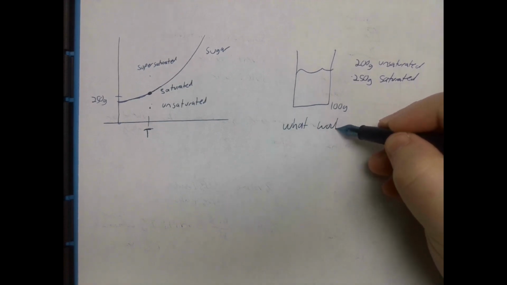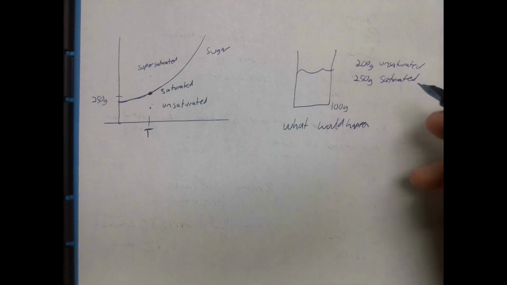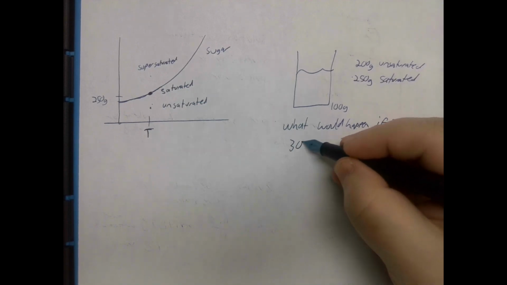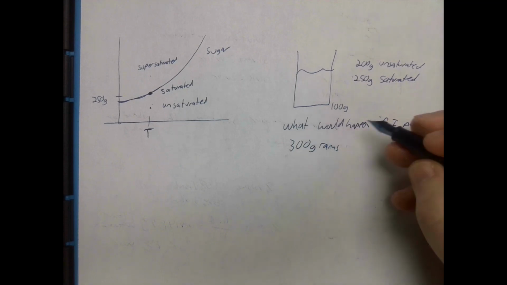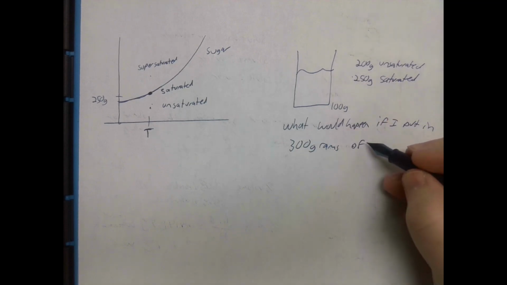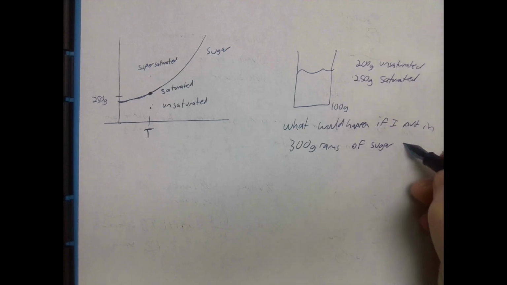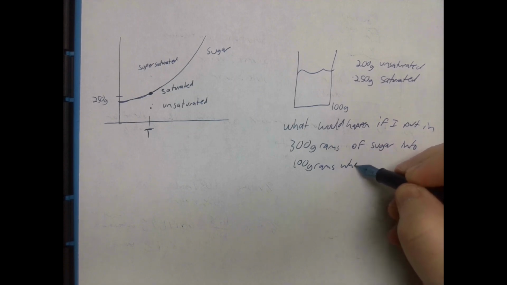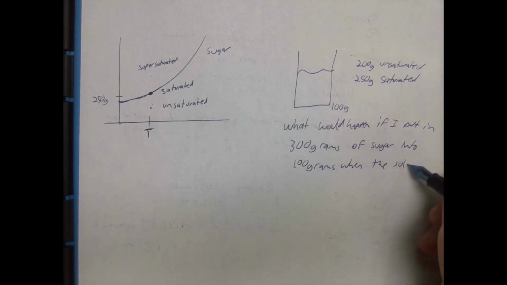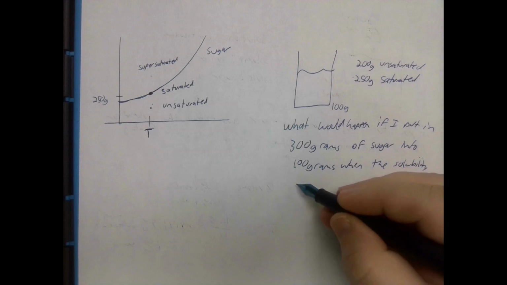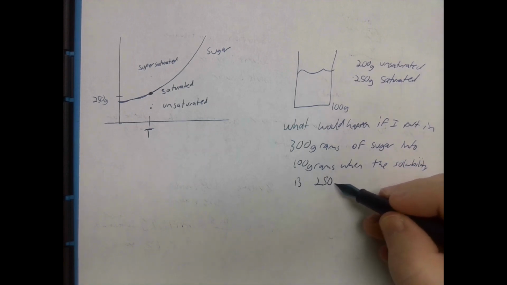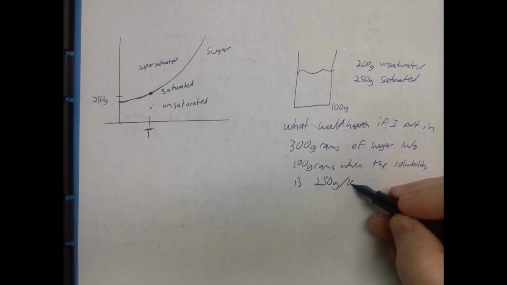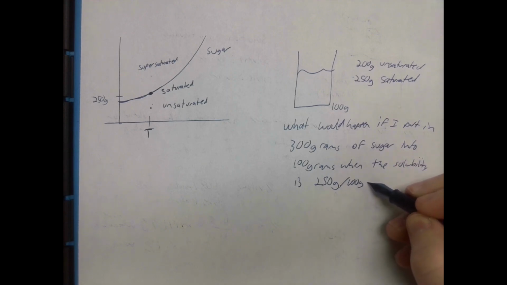What would happen if I put in 300 grams of sugar into 100 grams of water when the solubility is 250 grams per 100 grams of water?